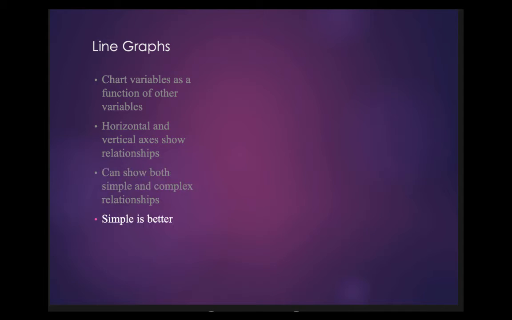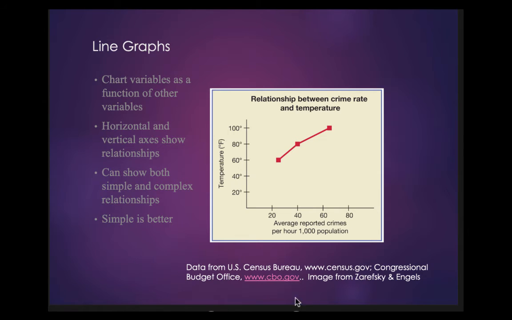This example shows how crimes change as the temperature changes. So temperature's on the y-axis, and on the x-axis we have average reported crimes per hour. And if you didn't know this before, as temperatures go up, crime increases. So that's why you might see more of that kind of impulsive crime in the summers.